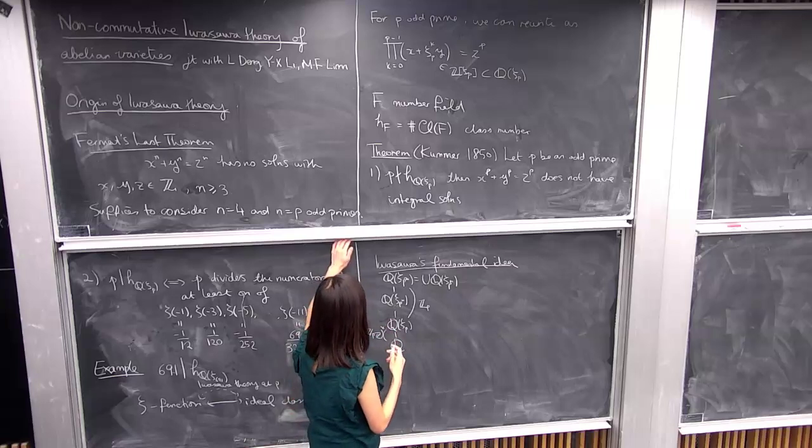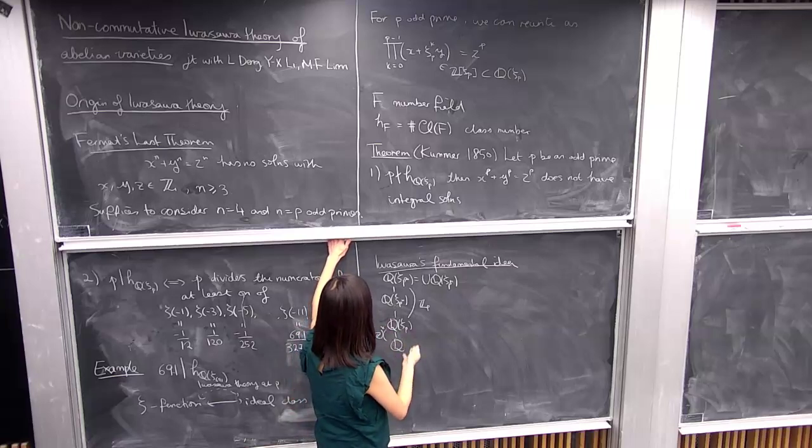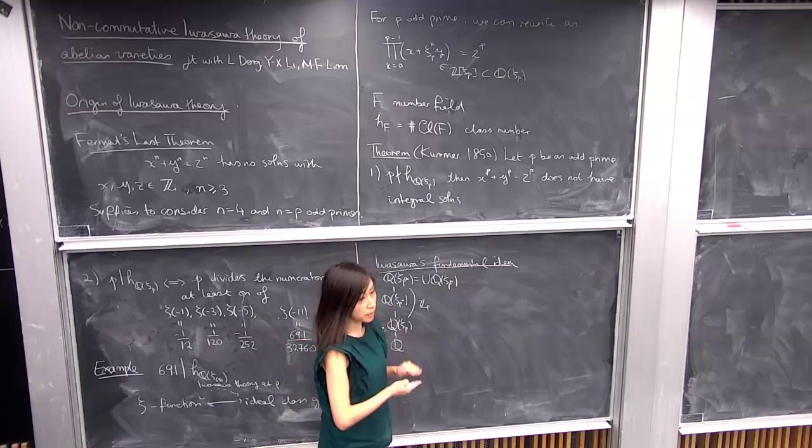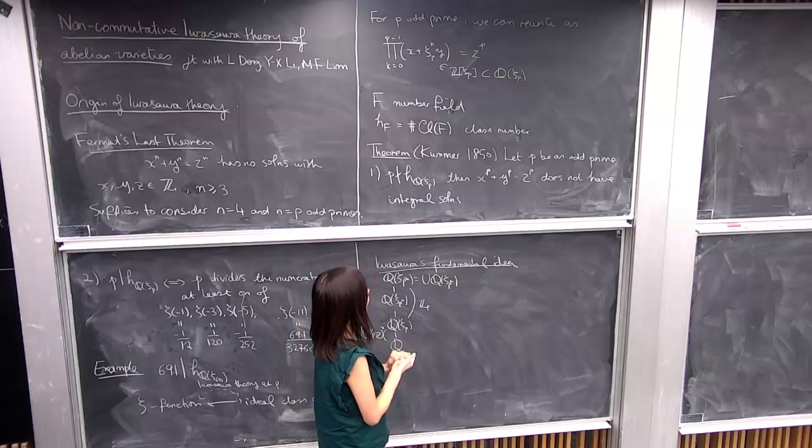And so this leads to a more complicated arithmetic object than the ideal class group of Q adjoin zeta_p, a more involved arithmetic object, which I'll introduce later.